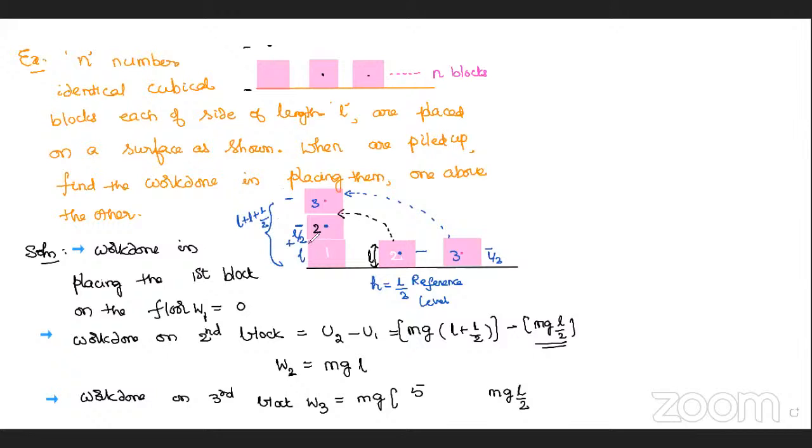Moved to there means to what height the center of mass you shifted? That is L plus L plus L by 2, which is nothing but 5L by 2. That I am going to write here: mgh, h is 5L by 2, minus initial potential energy mgL by 2.